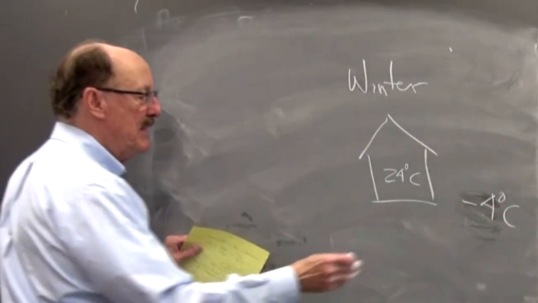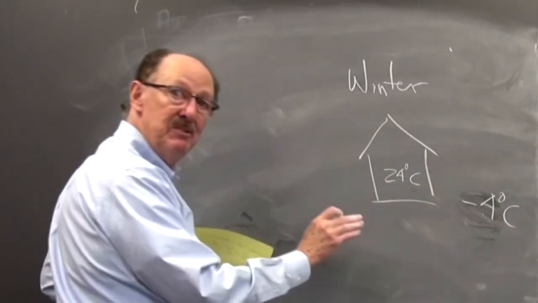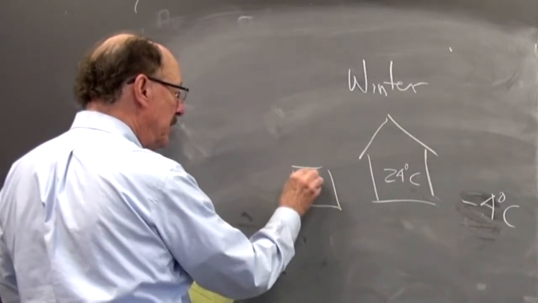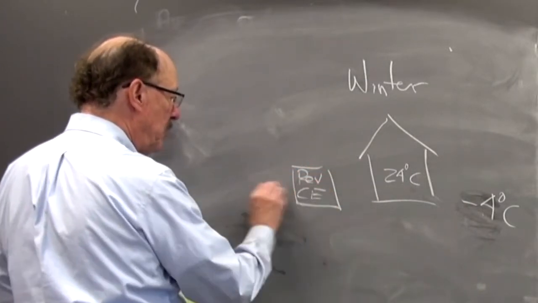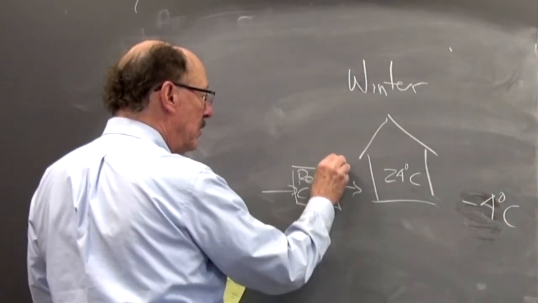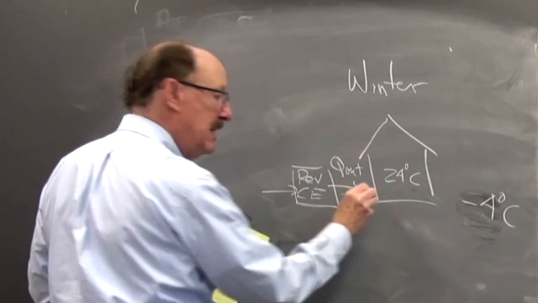So what's happening now is that heat's leaving, right? So it's going to get cold inside, so I need a reverse Carnot engine. I'm going to put heat in, and now I want the heat out at 24 degrees C to keep me warm.